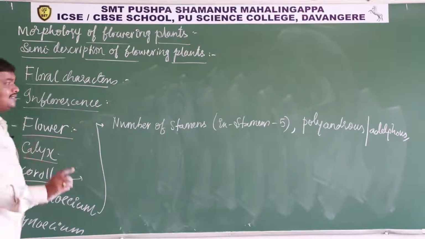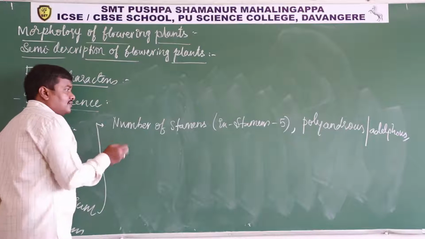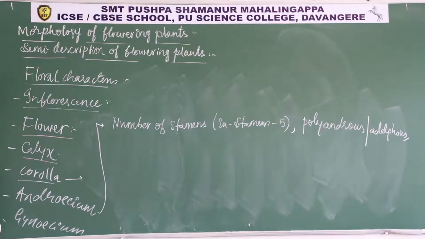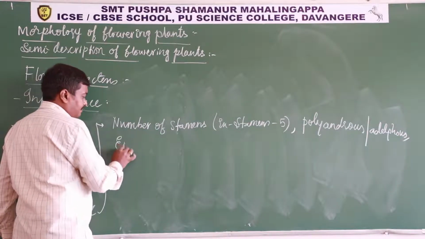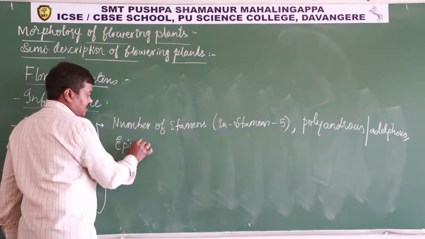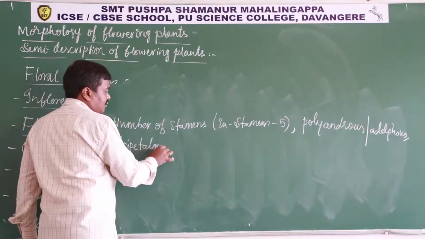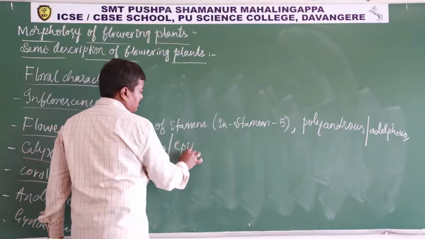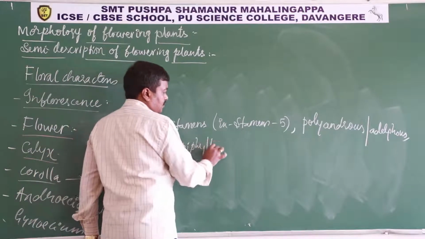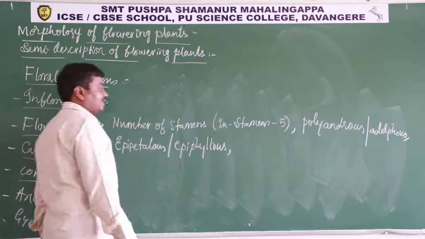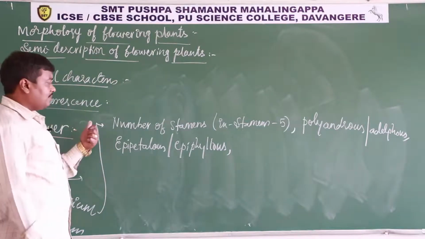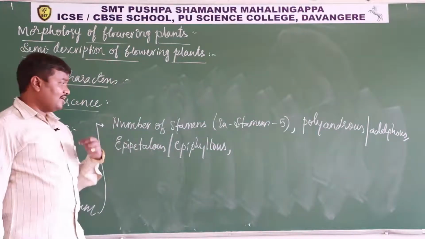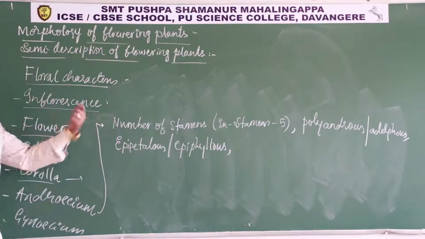Then after this, whether the stamens are attached to the petal or not should be mentioned. That is, whether the stamen is epipetalous or epiphyllous. If there is no epipetalous or epiphyllous condition, no need to write anything; that indicates it is polyandrous only.